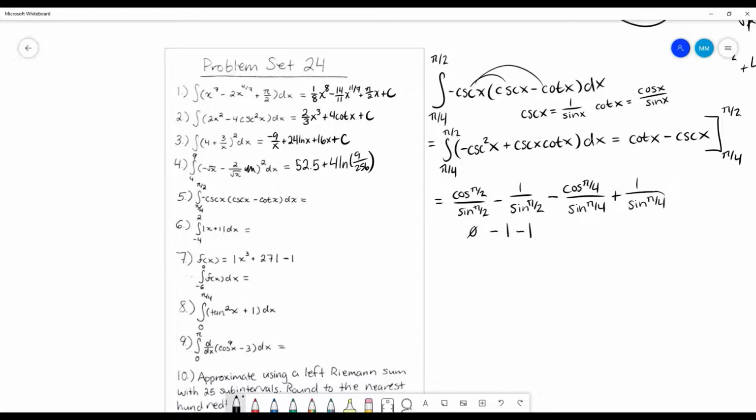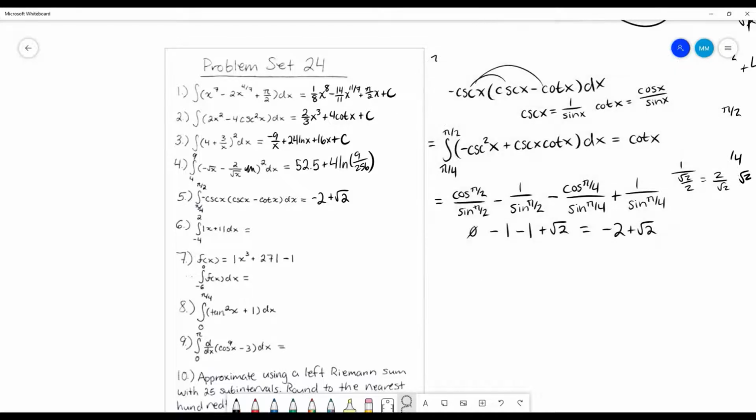And then 1 over sine of pi over 4, so that's 1 over square root of 2 over 2, which is then just 2 over square root of 2, which I believe simplifies to just square root of 2. So this is plus square root of 2. So we get negative 2 plus the square root of 2. And I don't know exactly what that is. You're welcome to plug that into your calculator.